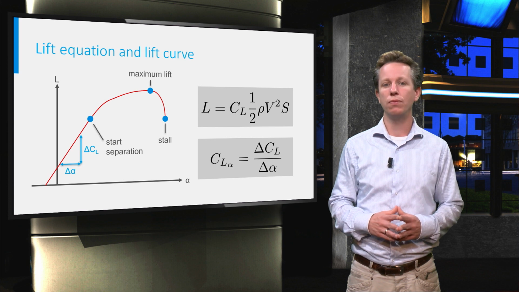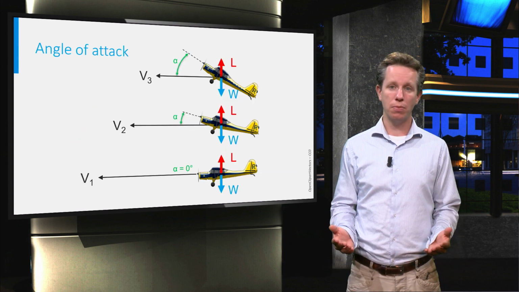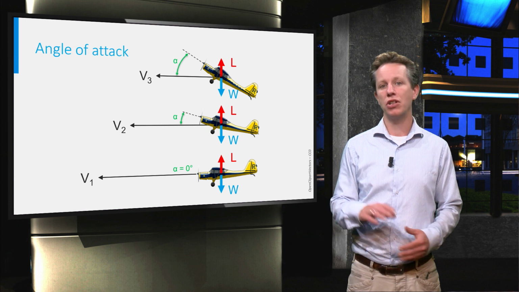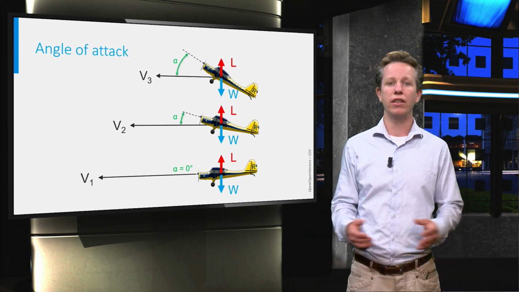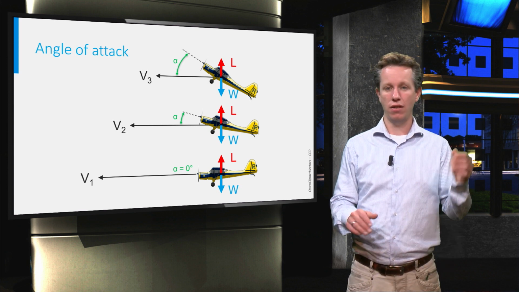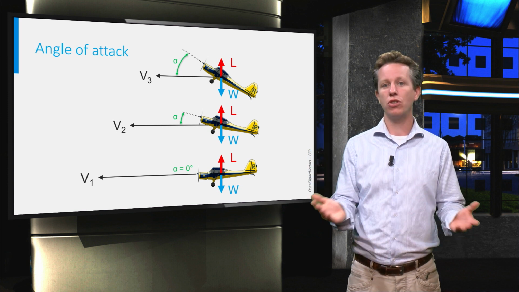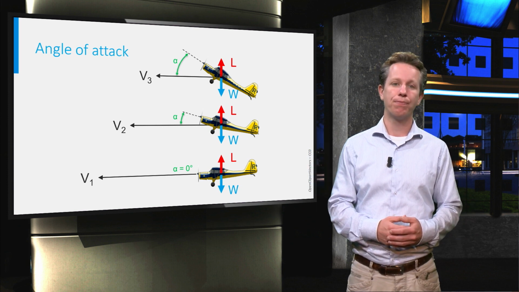This is called stall. If an aircraft flies at different airspeeds, the pilot can adjust the lift by changing the angle of attack accordingly. So at low airspeeds, a high angle of attack is needed, whereas at high airspeeds, a small angle of attack is needed to achieve a force equilibrium.